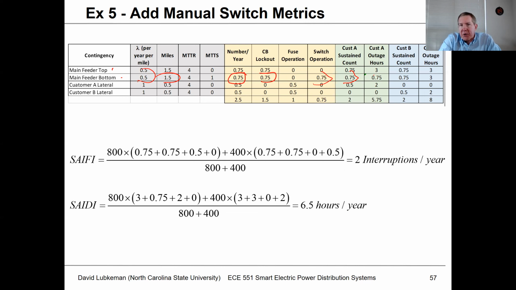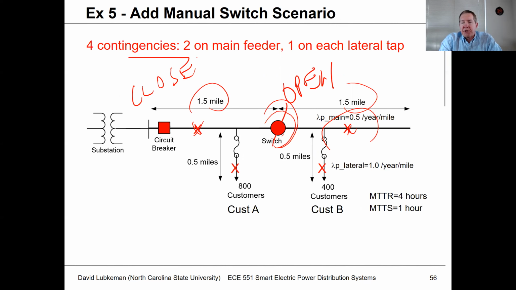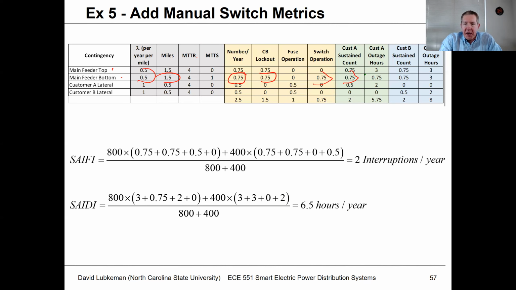When that happens, it only takes 1 hour to go to the switch location, open up the switch, and then the operators close the circuit breaker via SCADA. So this only takes 1 hour to restore customers at location A. If I take the count and multiply by the mean time to switch of 1 hour, that gives me an outage hour of 0.75.